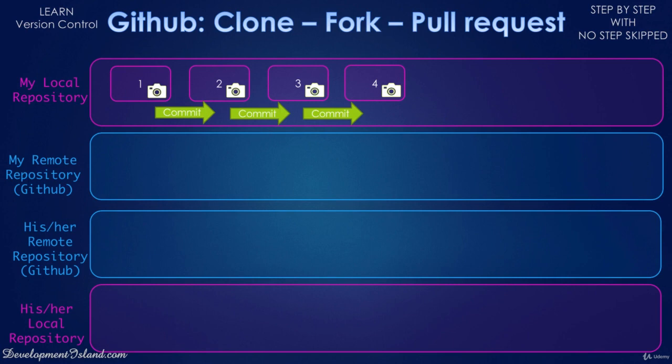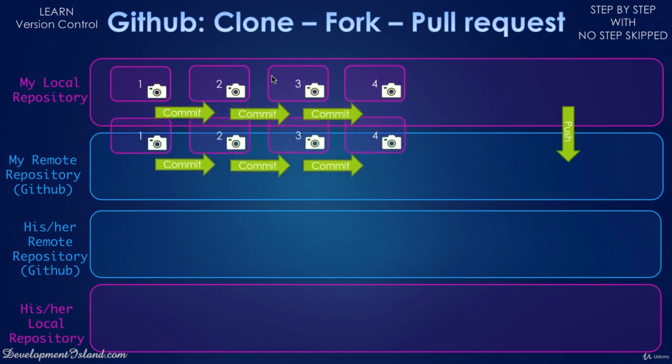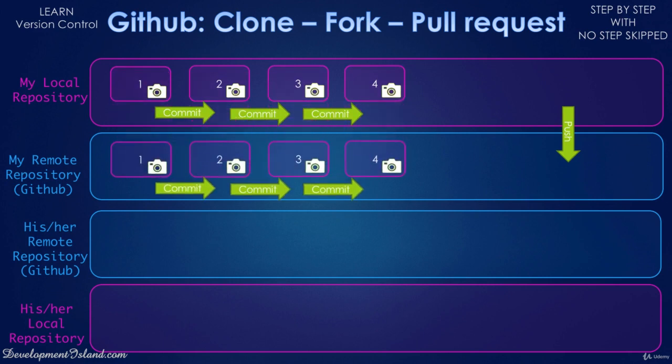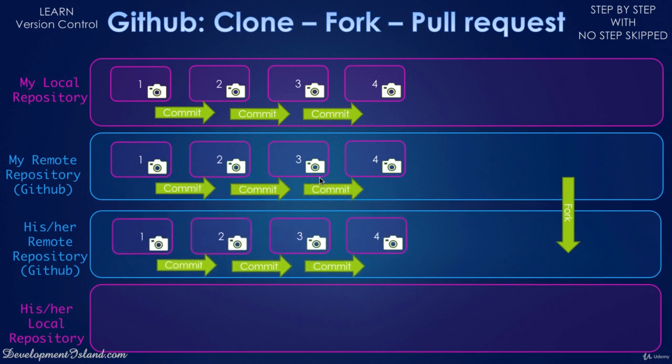So first of all, we were working on our own local repository, which we pushed to our own GitHub account. And then after that, Gentle Collaborator forked our GitHub repository into their own GitHub account. Basically, they created a new repository, which is a copy of our own GitHub repository.